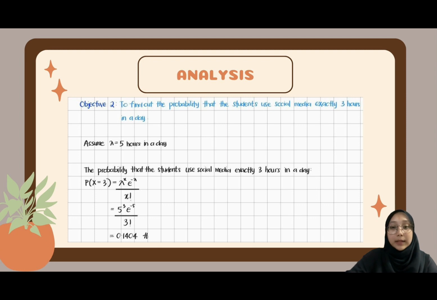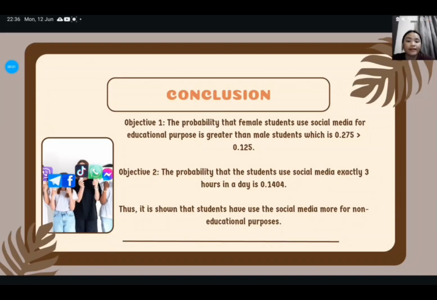Lastly, the probability that the students use social media exactly 3 hours in a day is equal to 0.1404.